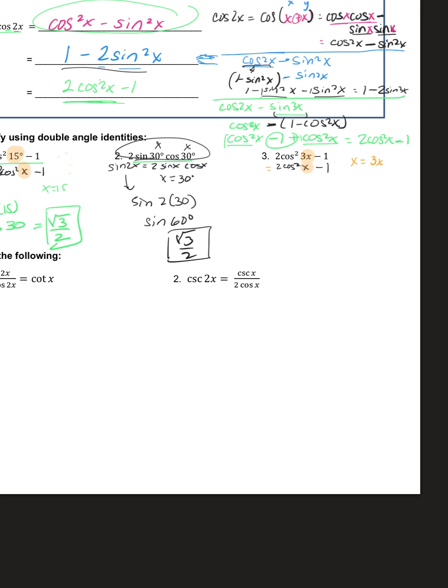So now remember, this equals the cosine double angle. In place of x, I'm going to put 3x. So I multiply that together, and I get cosine of 6x. And that's all I can do. Nothing else.